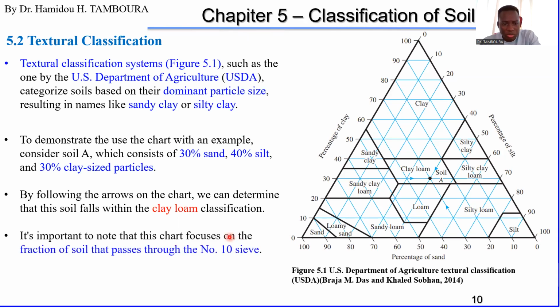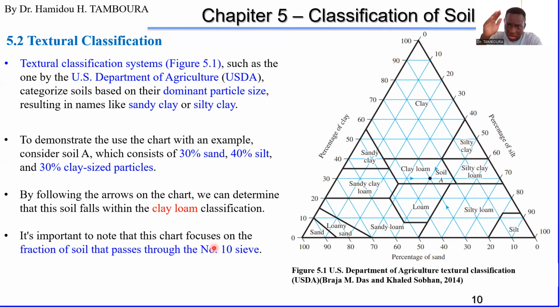So don't forget also that this chart, this figure, this classification focuses on the fraction of soil that passes through the sieve number 10. Do you remember sieve number 10? I told you in the previous slide that this sieve is for the soil particle smaller than 2 millimeters.